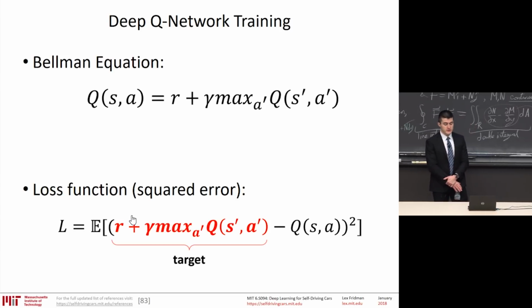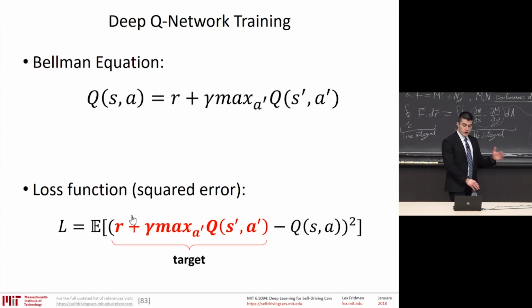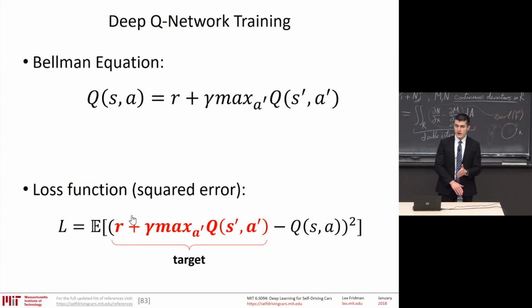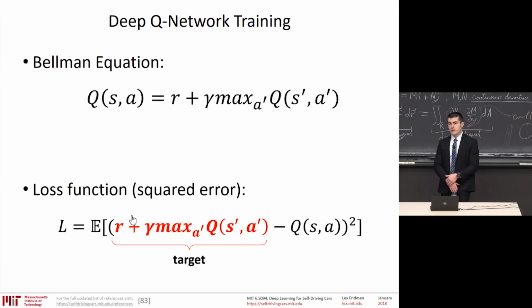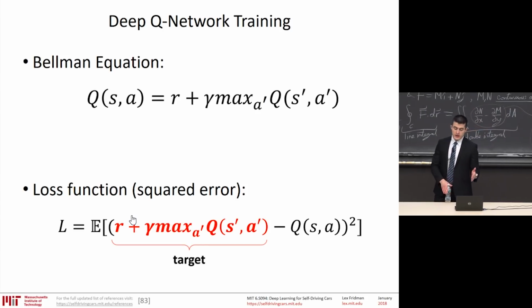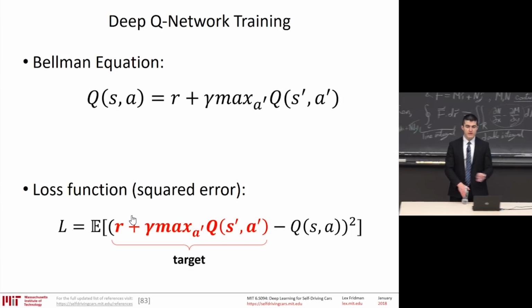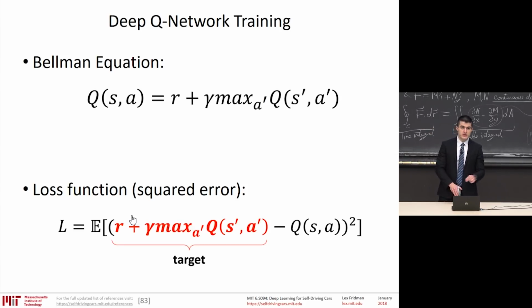So you take the difference between what your Q estimator, the neural network, believes the value of the current state is, and what it more likely is to be, based on the value of the future states that are reachable based on the actions you can take.